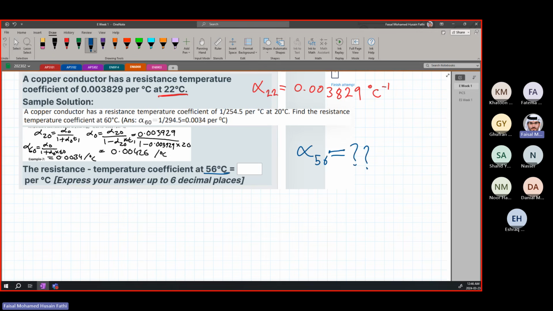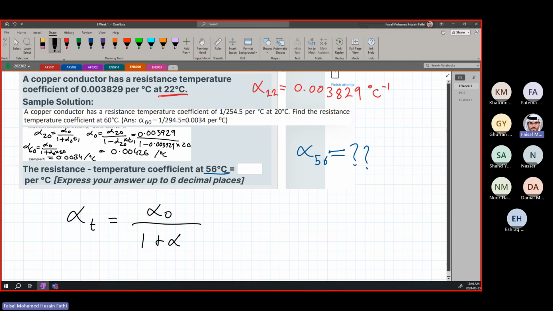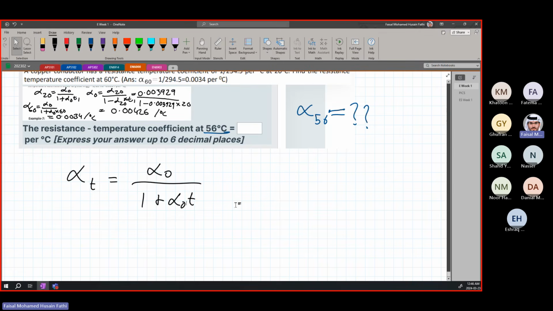Remember the equation we had at the very beginning. We went over it very quickly, and it's also in the formula sheet. The alpha of any temperature, let's call this alpha T, is equal to alpha 0 over 1 plus alpha 0 T. Okay? So this is the equation you're going to use. But first, what are we given here?